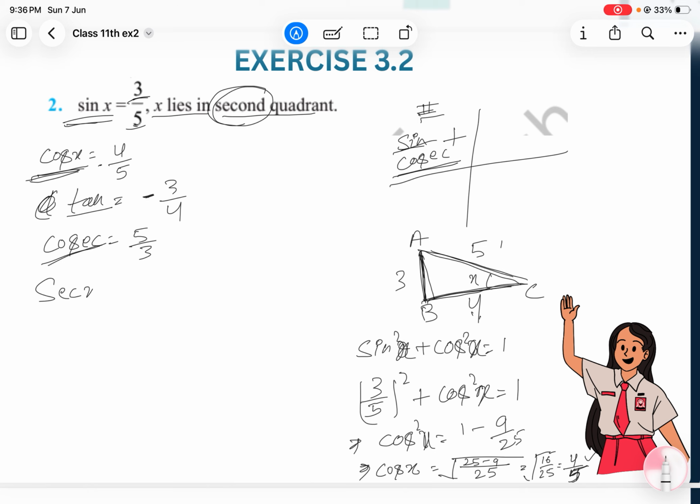Now sec x equals, sec will be negative, so first we will apply the negative sign, and sec is 1 by cos, that is hypotenuse by base, so it will be minus 5 by 4, right?